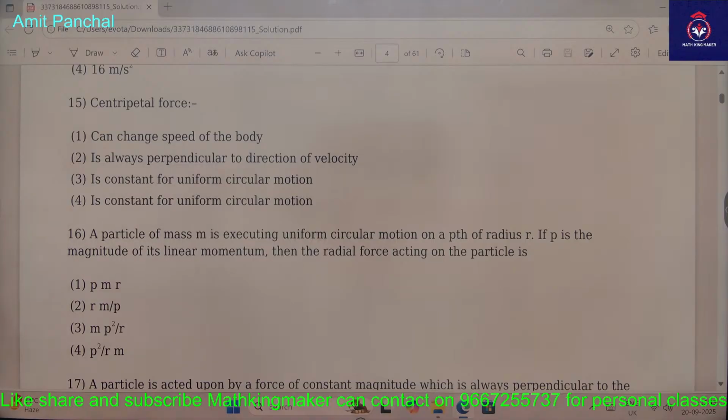If its acceleration is 0, how much is its centripetal force? 0. Because it will not move basically. Yes.